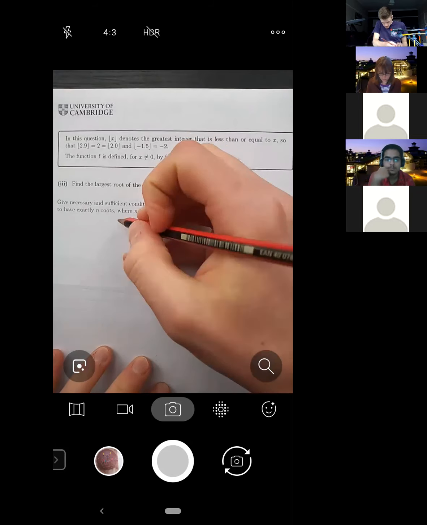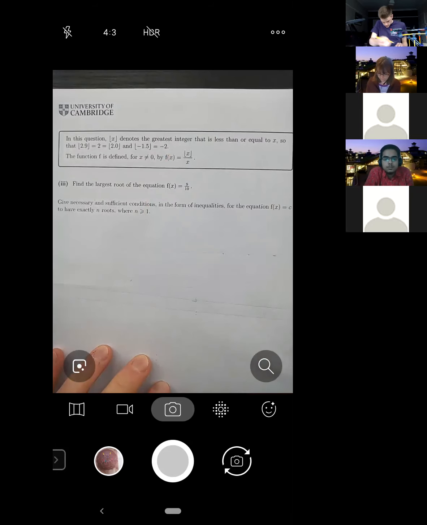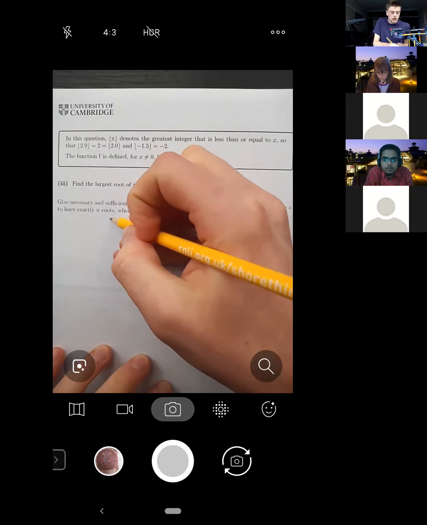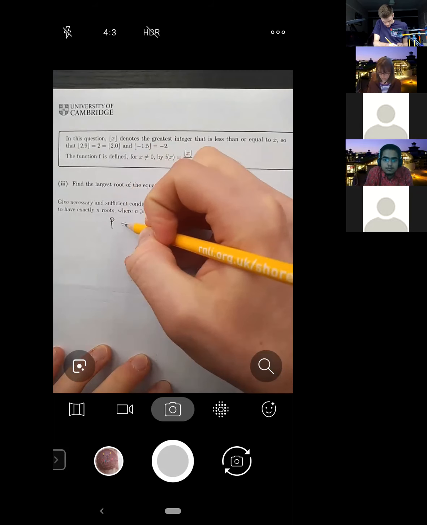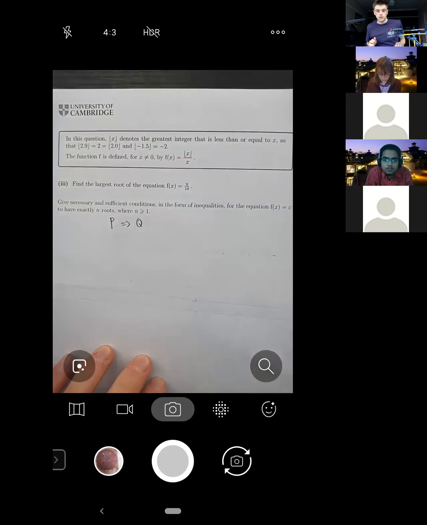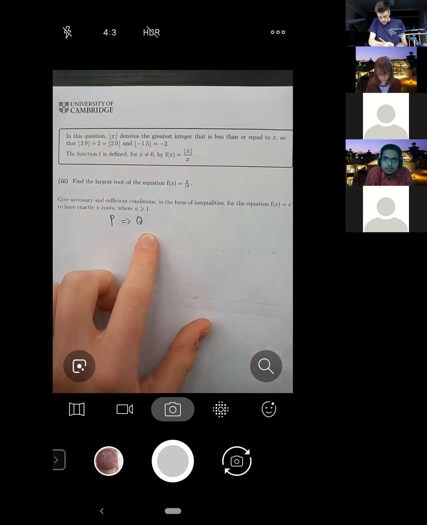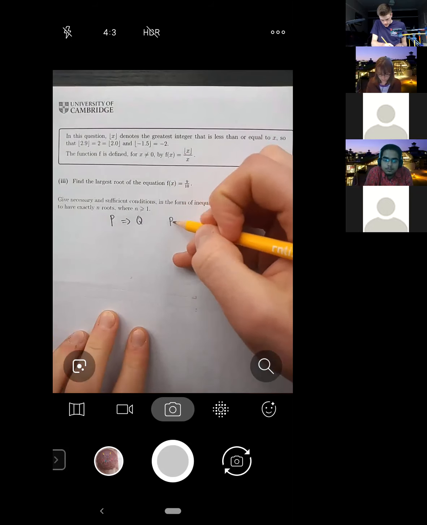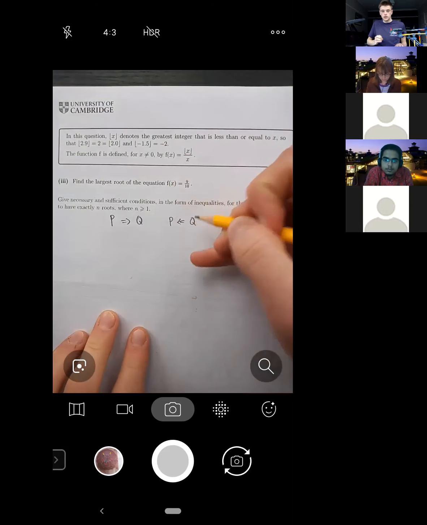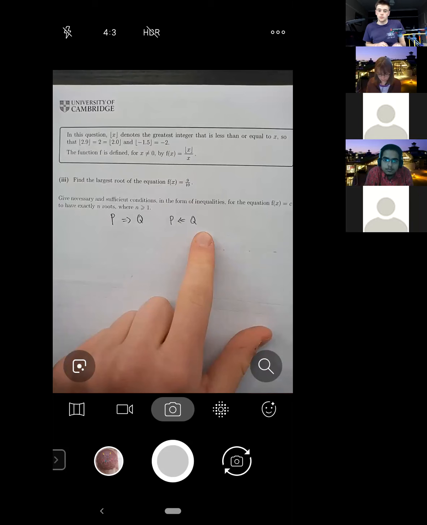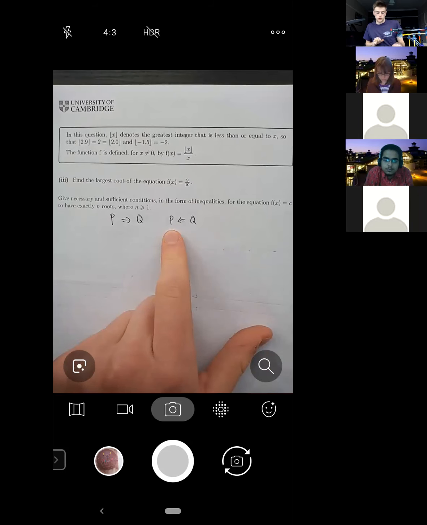So if I write P implies Q, where P and Q are just statements, then that means if P is true, then Q is true. Similarly, if I write P and the arrow going the other way, that's just exactly the same as saying Q implies P. Or you can say that P is implied by Q.